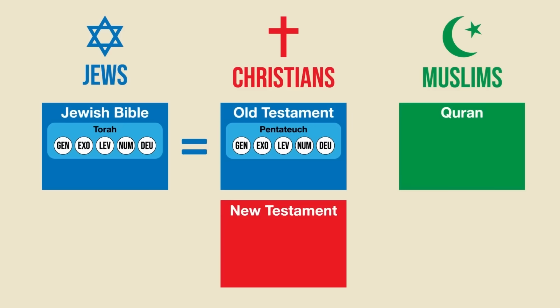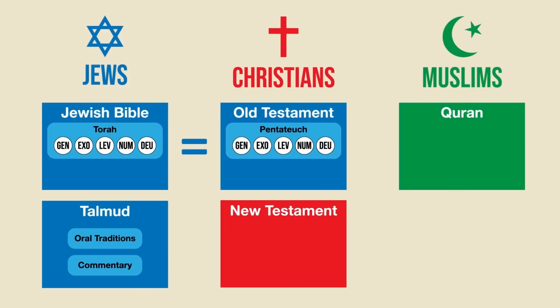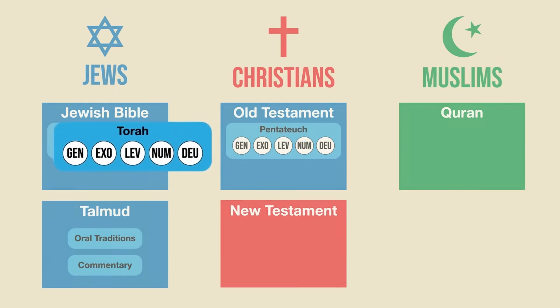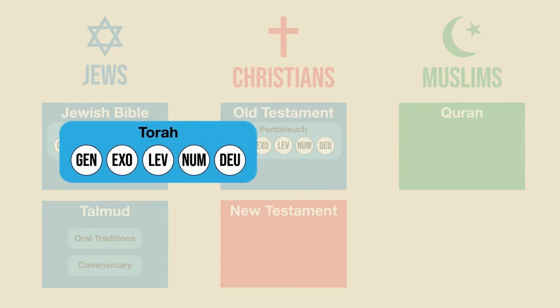Now, there's a third Jewish book you might have heard of that also starts with a T. That's the Talmud. But the Talmud is not actually considered part of the Jewish Bible. It's an entirely different book, comprised of oral traditions and commentary on those traditions written by rabbis. What we're going to be concerned with in this episode is just the Torah, or Pentateuch, aka Genesis through Deuteronomy.